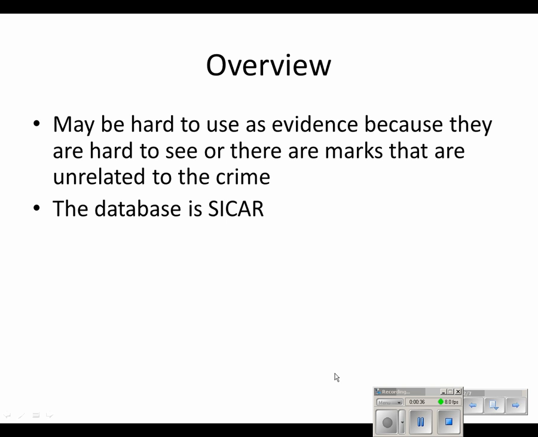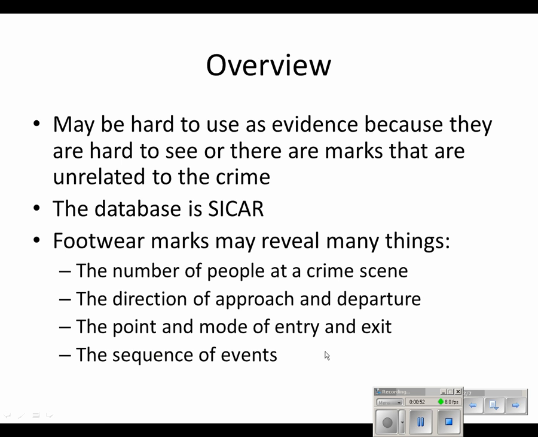The database that's used to identify some of the footwear marks that are logged is SICAR, S-I-C-A-R, and there will be a log of what the brand is and the shoe print pattern, or the sole pattern. And footwear marks can actually reveal a bunch of different things.